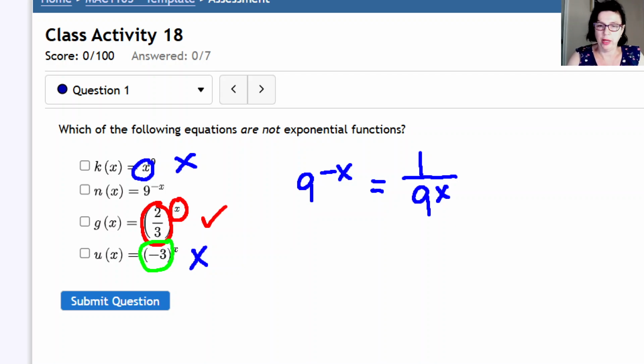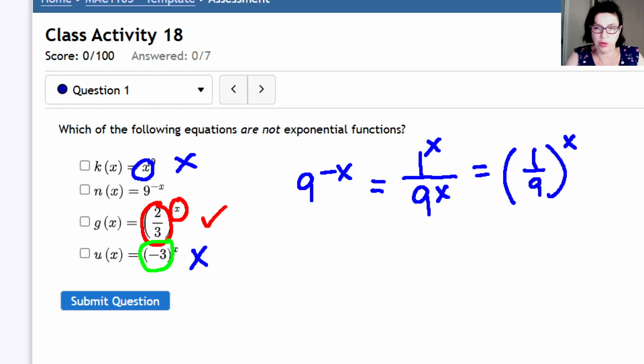But think this way. 1 is actually 1 to the power x, right? Because 1 multiplied by how many times doesn't matter, will still give you 1. Okay? And using properties of exponents, we can now say that if 1 is raised to the power x, and then that's divided by 9 raised to the power x, that's the same thing as 1 over 9 raised to the power x. And this does satisfy the properties of exponential function.